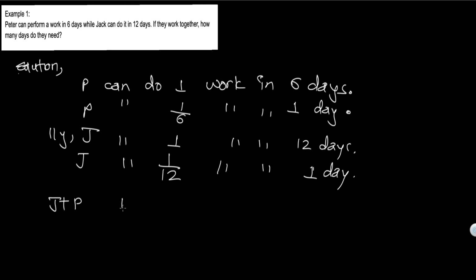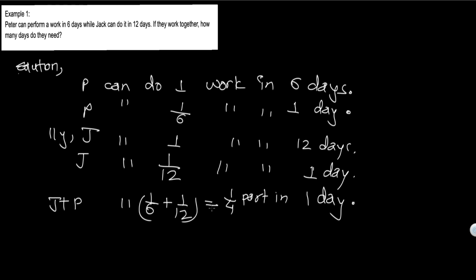Jack and Peter can do 1 over 6 plus 1 over 12 equals 1 over 4 part of the work in one day. From here, if Jack and Peter do 1/4 of a work in one day, they will need how many days to do the complete work?